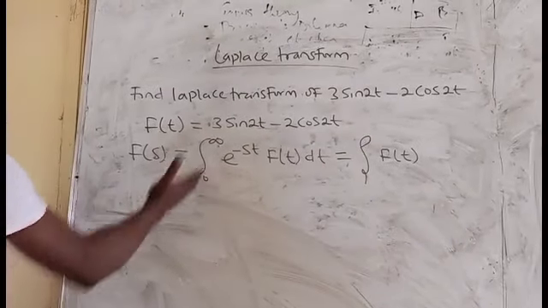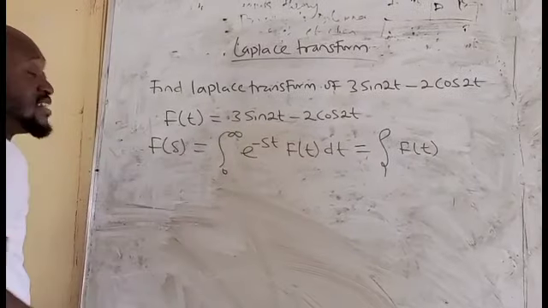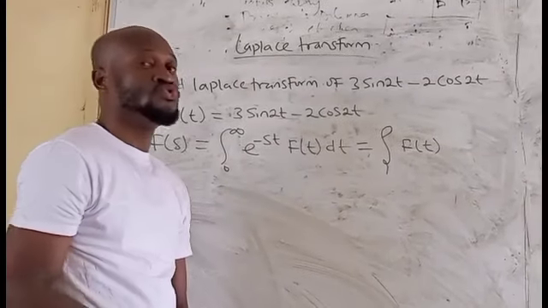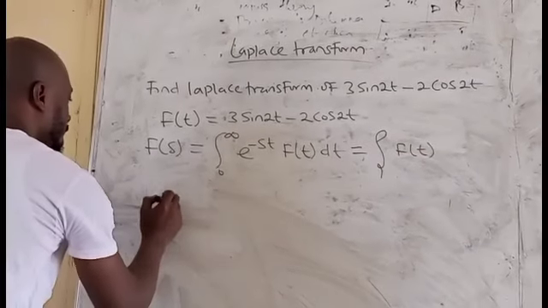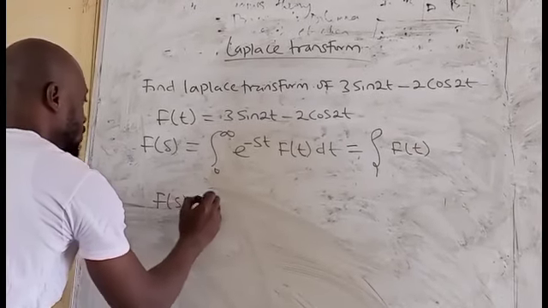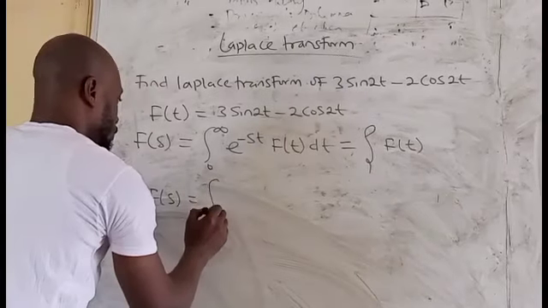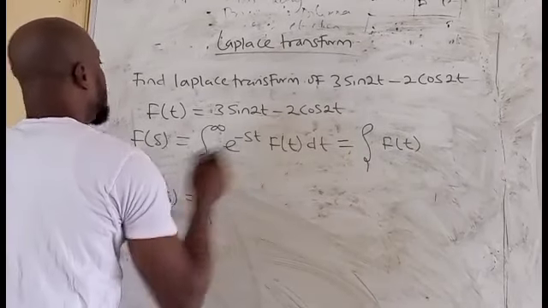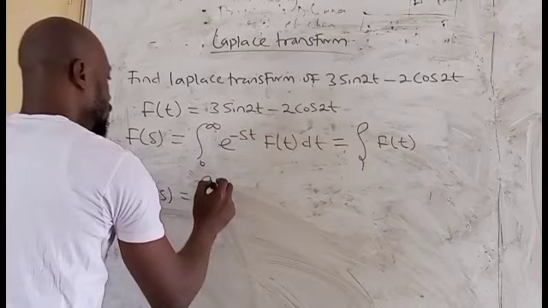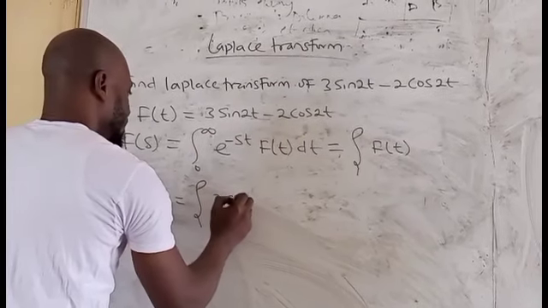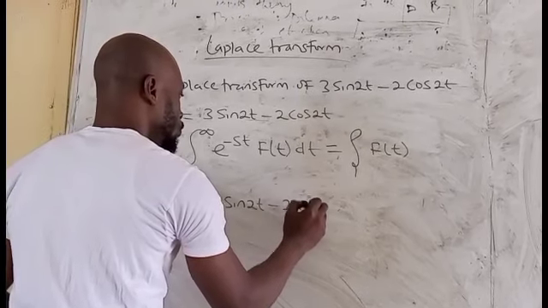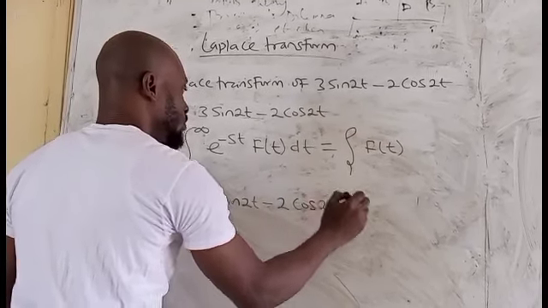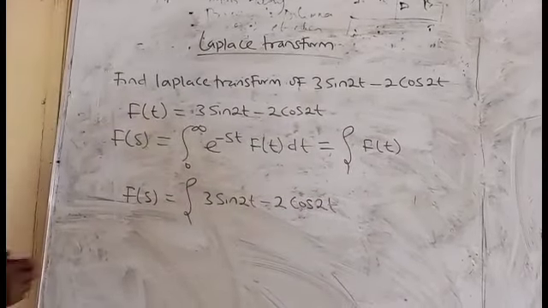So now, knowing that our f of t is 3 sine 2t minus 2 cos 2t, you substitute it here. If you substitute here, you're going to have the Laplace transform of f of t, where f of t is 3 sine 2t minus 2 cos 2t. So this is what I'm going to do.